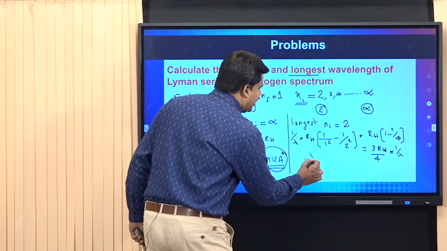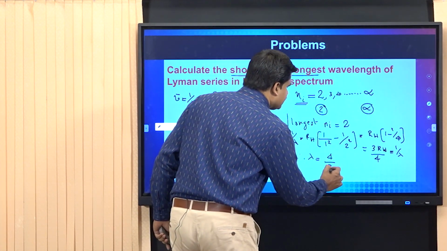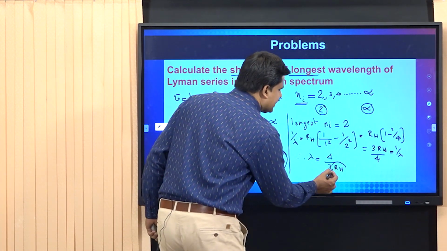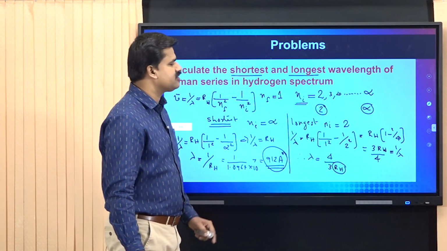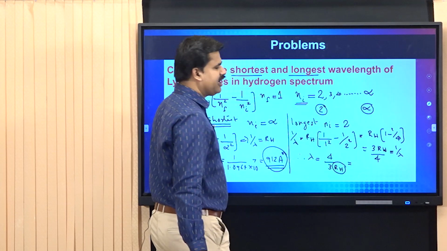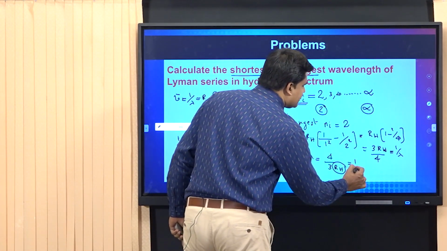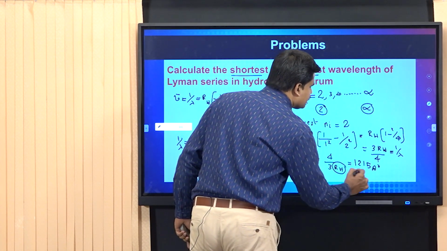Hence, lambda is equal to 4 by 3RH. On substituting the value of RH equal to 1.0967 into 10 raised to 7, we will get the longest wavelength, and the longest wavelength is 1215 angstrom.